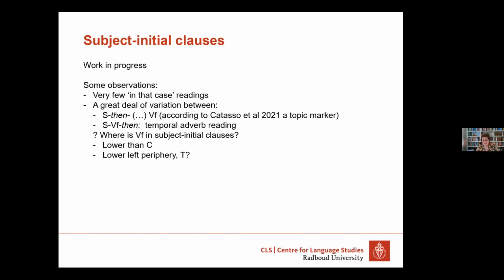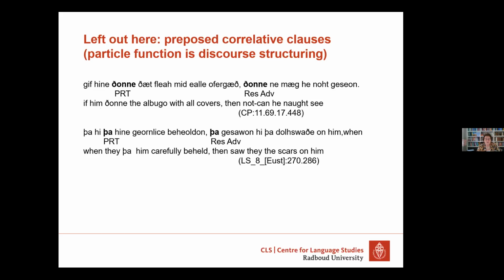So this is the picture for subject initial clauses. To the extent that you find in that case readings there, it's extremely diluted in comparison to the readings that you find in imperatives and questions, no doubt about it. But as I say, I haven't quite resolved this yet. What I've left out here is the preposed correlative clauses.